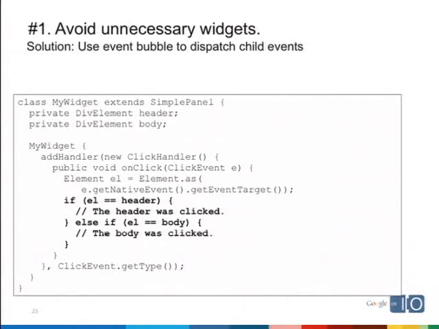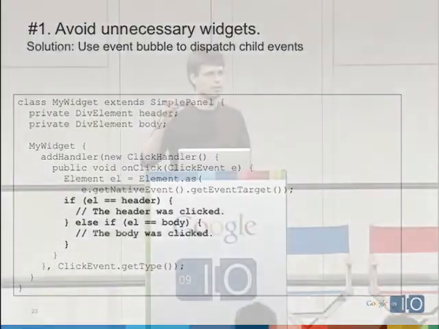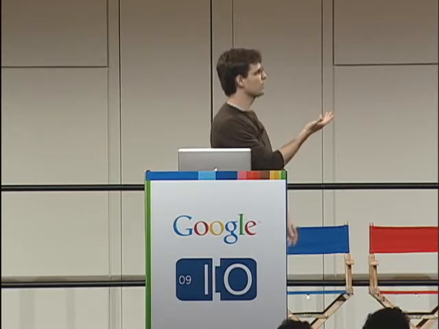So instead, I use something that is inherent in the browser, and that's event bubbling. If I click on an element in the DOM tree, the events it receives actually traverse back up to its parent nodes, and you can use this fact in a GWT widget. So in this case, I created a click handler on my widget, which is intended to be the parent widget here.